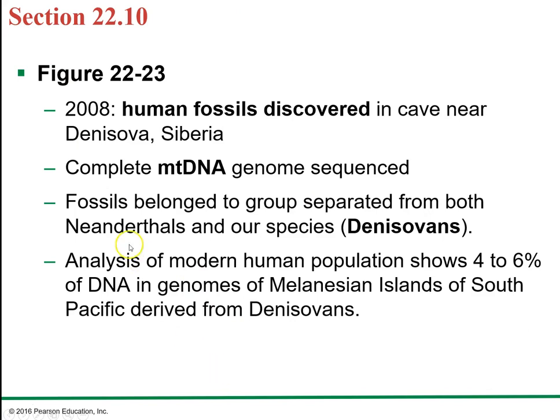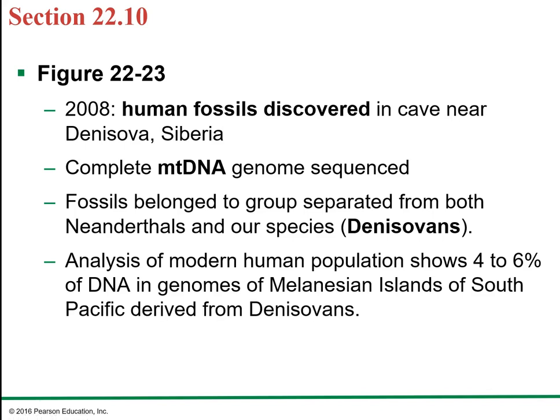And it says that if we look at our modern human population, about 4 to 6% of the DNA in the islands of the South Pacific is actually derived from the Denisovans. So, probably we're going to discover more things like this as well.